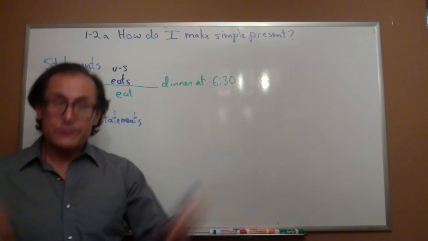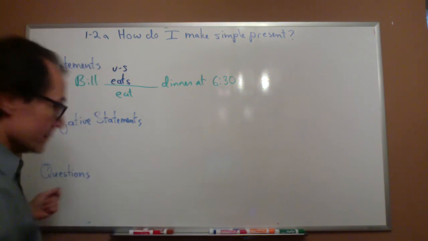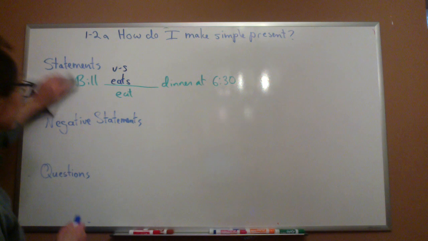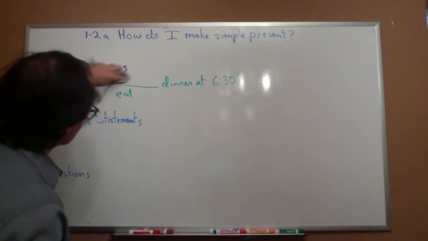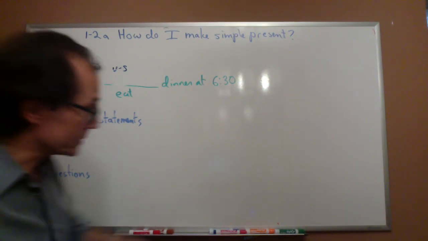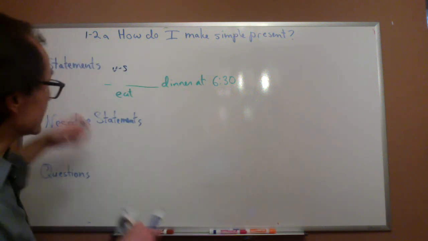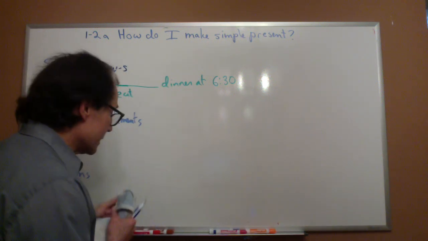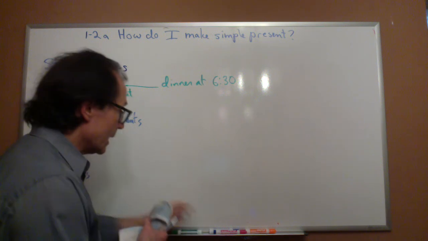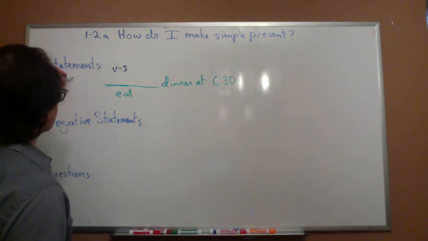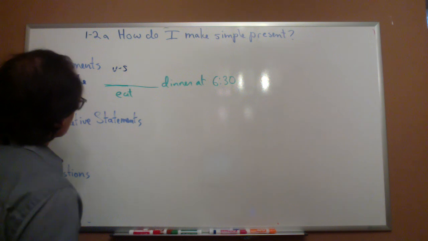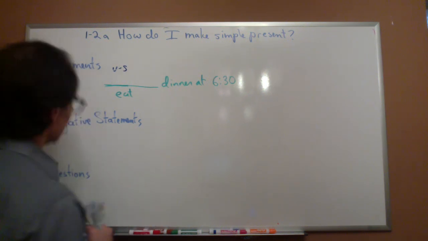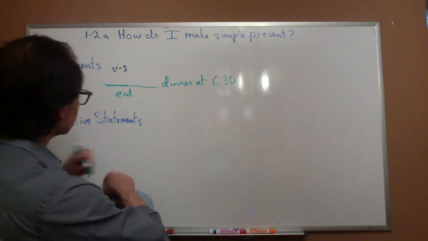How is that? Good? So the other part that we talked about is if it's a he, she, it, I use an S. If it's not he, she, it, if it's something else, if it's I, you, we, they, then no S. Let's do a they.